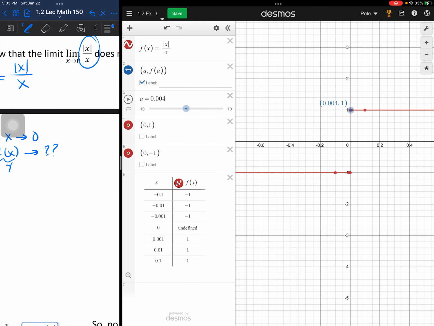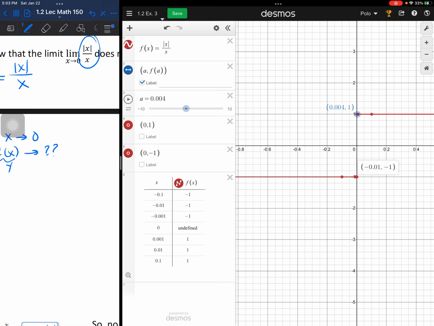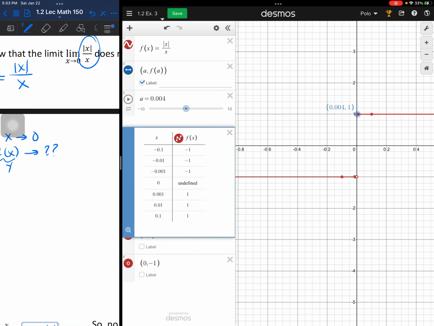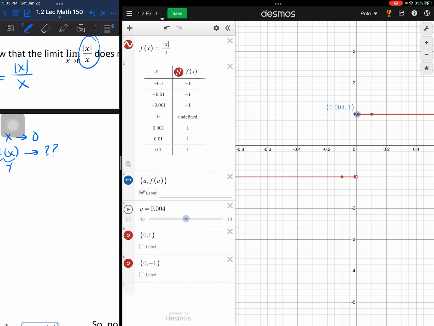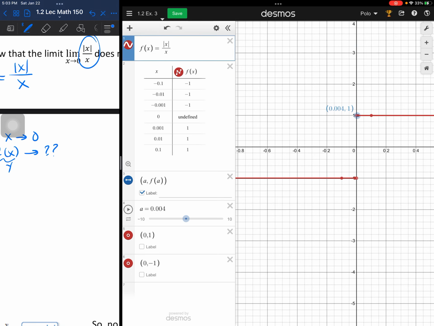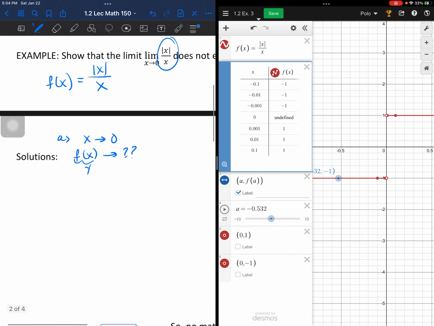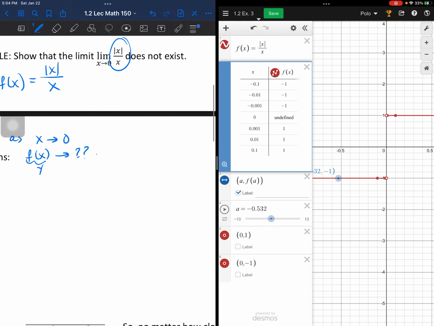I'm not seeing why this is here. Maybe I'll move that up here. There you go. And that way we can see these holes, those two holes there. Anyway, we can see here that the value of the function is actually approaching two different values.